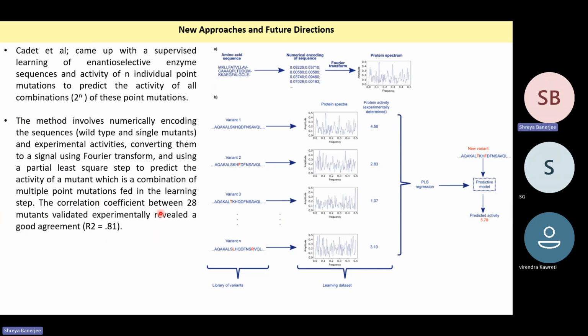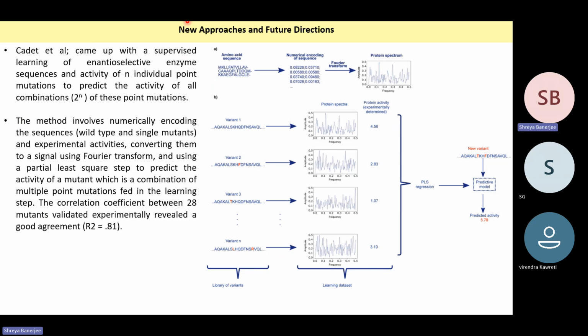The correlation between the predicted and experimental activity has been found to be 0.81, which is not a perfect model, but this is a new direction in which this field is going, where from the knowledge of different point mutations and their effect on the activity, the activity of a completely new variant made up of a combination of point mutations can be predicted with relatively good agreement to the experimentally observed activity. So this field obviously needs to be improved a lot more, but this is a new direction in which it is going.